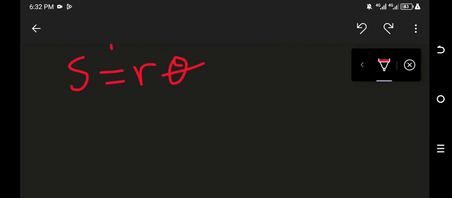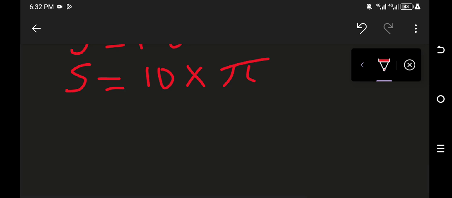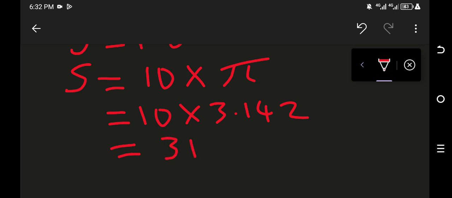So our r is 10 times pi. As we know, pi is approximately 3.142. So 10 times 3.142 is 31.42 meters. So that is our angular displacement.